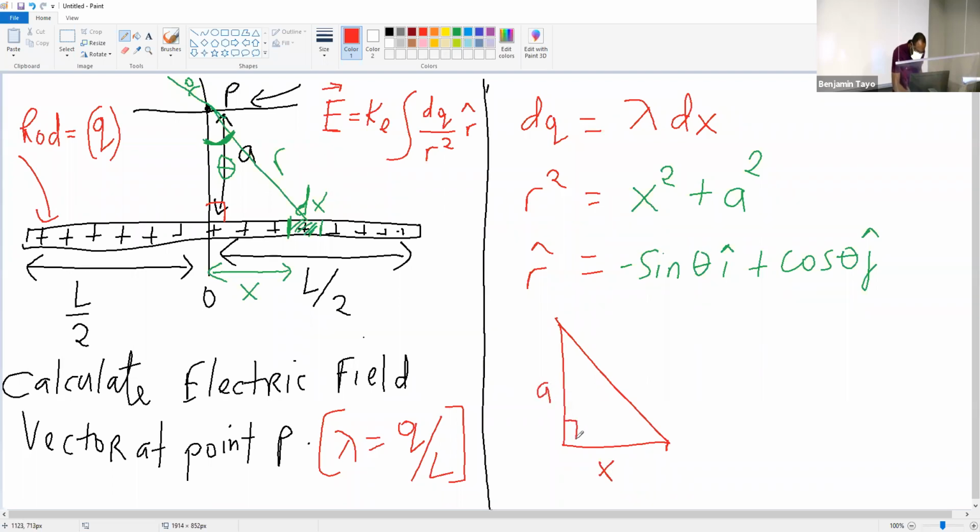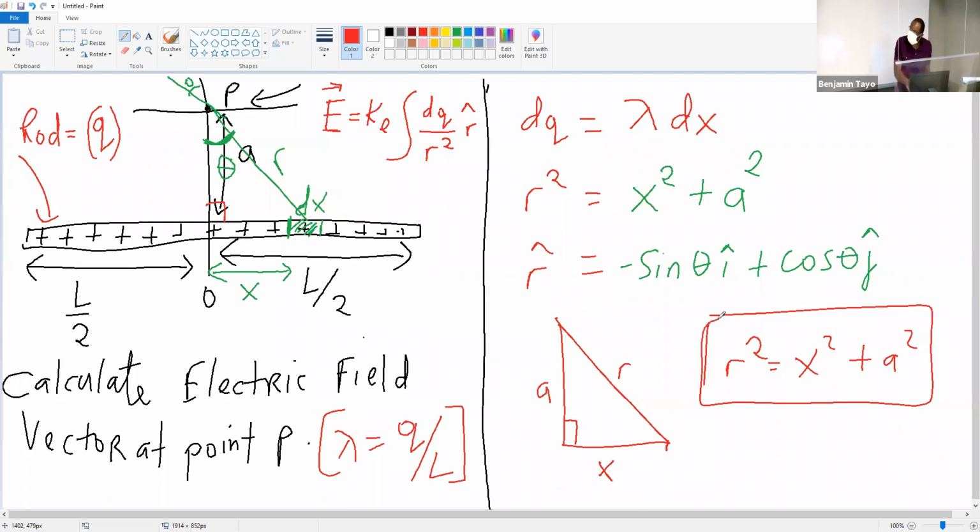There's a 90 degrees here, and this is my r. So by the Pythagorean theorem, r squared is equal to x squared plus a squared. That's how we calculated this r squared value. It's just from that triangle right there. Let me remove this triangle here.